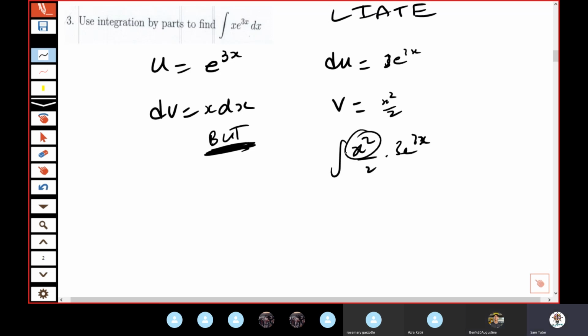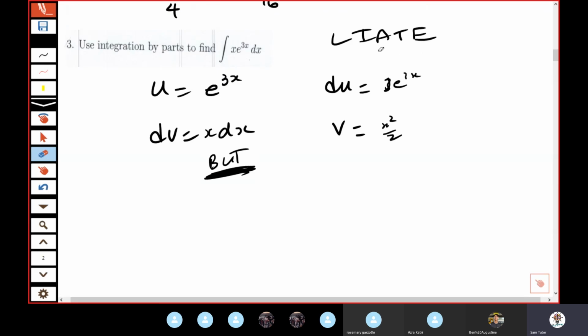So what happened is you did not follow this rule. The rule says if you're in algebra exponential, you shouldn't do that, even though you can. It's just that when you try to integrate this, you're going to get stuck because you just made it bigger than it was originally.